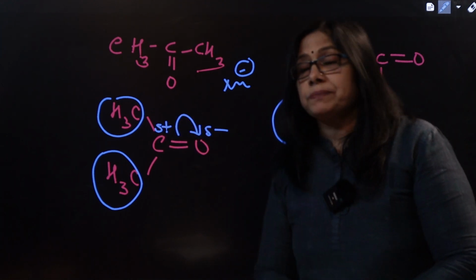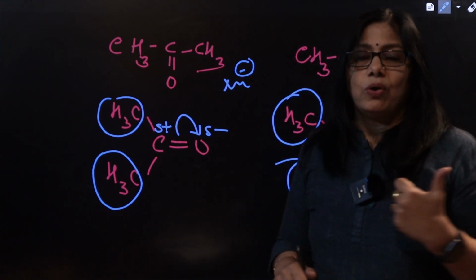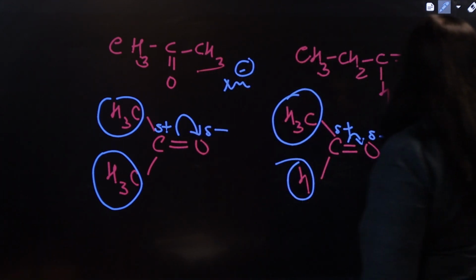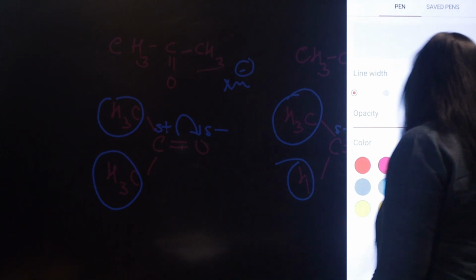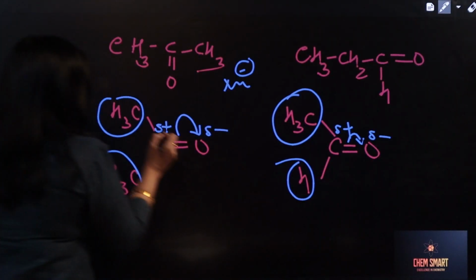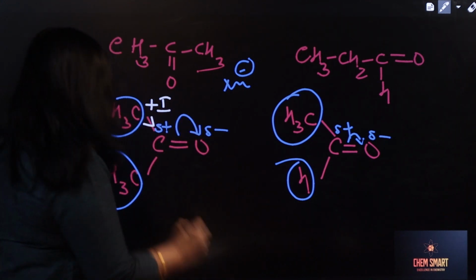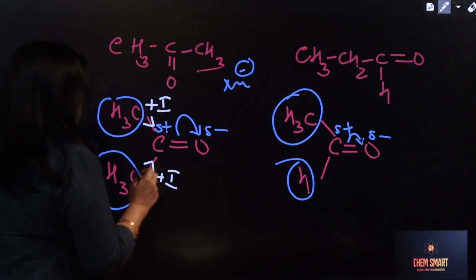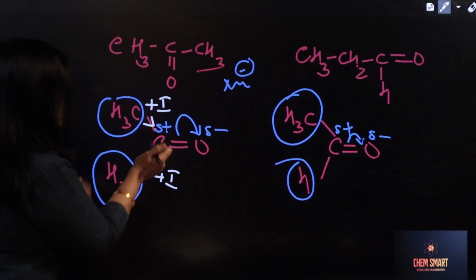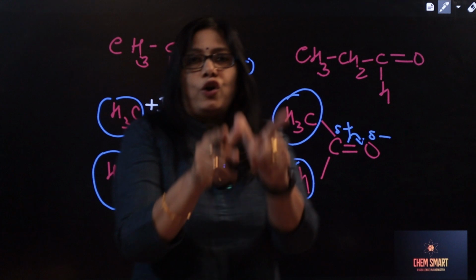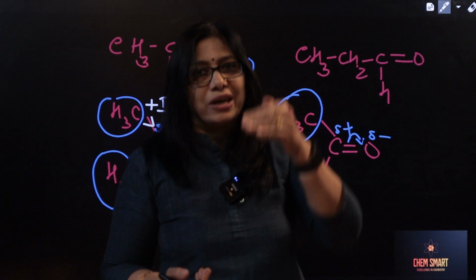What about the electronic reason? Think about the inductive effect of the alkyl group in the ketone. This methyl group has a positive inductive effect, plus I. This methyl group is also plus I. That means both are electron releasing groups, so they will release electrons onto the carbon. When more electrons flow to the carbon, since the electron is negatively charged, it will cancel the positive charge accordingly.